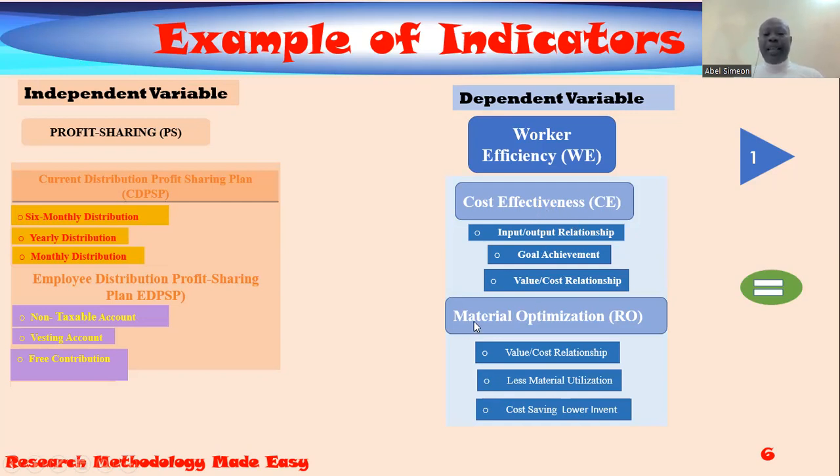Then I have the second type of worker efficiency, which is a measure. It is called material optimization. Under the material optimization, the indicators there are value cost relationship, less material utilization, cost saving, lower event. To say cost saving, lower event, it is a part of the material optimization.